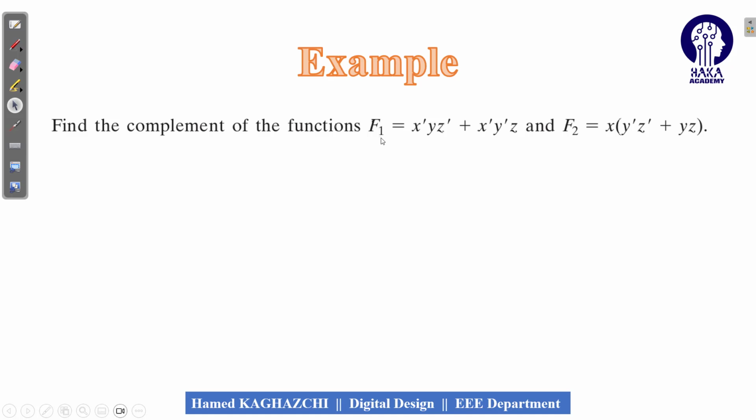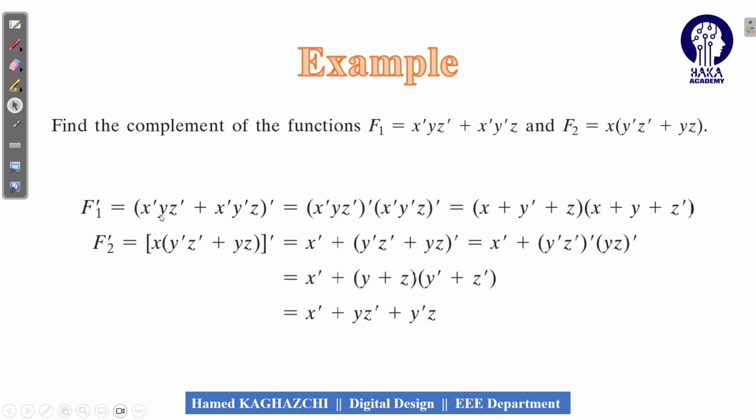Now, suppose that I have f1 in this form, x prime yz prime, and f2 as x y prime z prime, or yz. Now I want to find the complement of these two functions. Now look at here. I complement all of this function, apply this complement inside of this one, and the OR changes to the AND.